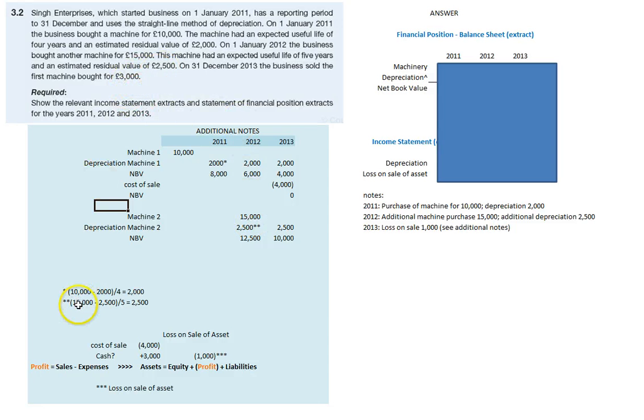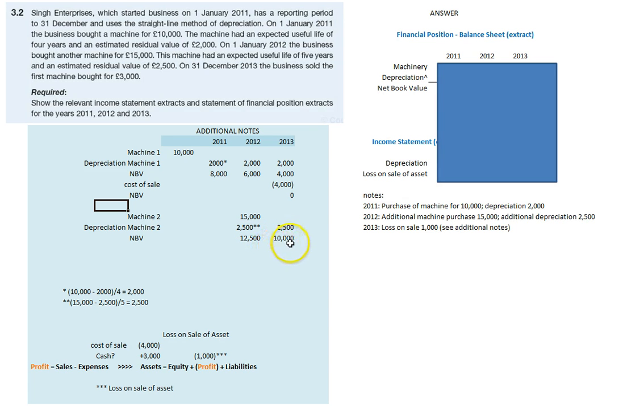So the cost minus the residual value is the measure of the amount we've got to write off over 5 years, 2,500 a year. So we proceed in much the same way as for machine 1, 15,000 only in 2012, 2,500 depreciation in that year, 2,500 depreciation in that year.